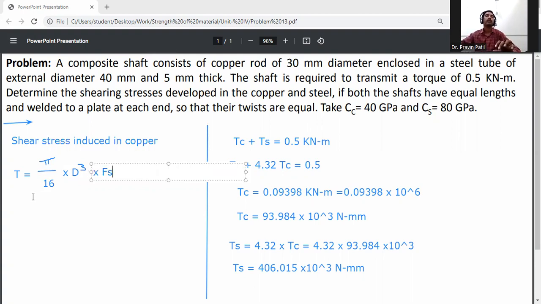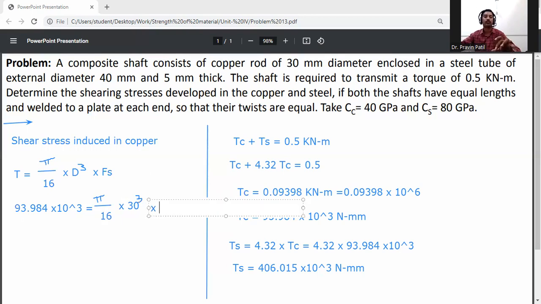For copper, 93.984 into 10 raised to the power 3 is equal to 5 by 16 into D cube, where D is the diameter of copper, 30 cube, into Fs. So the shear stress induced in copper we get from this Fs.